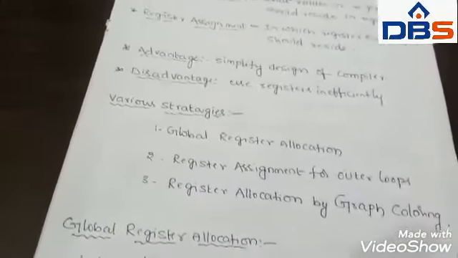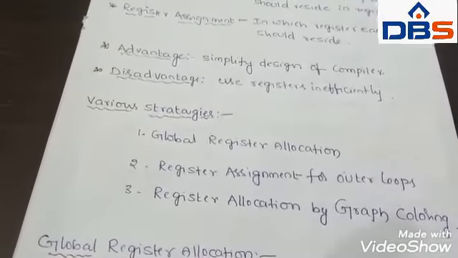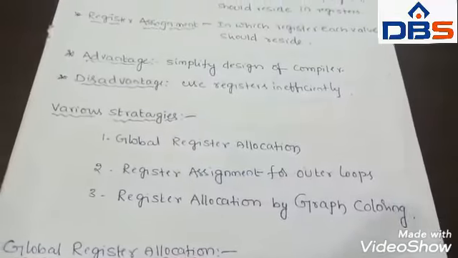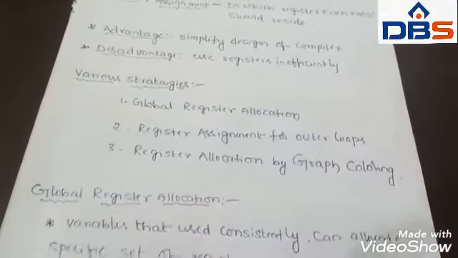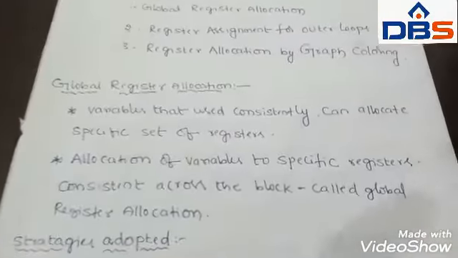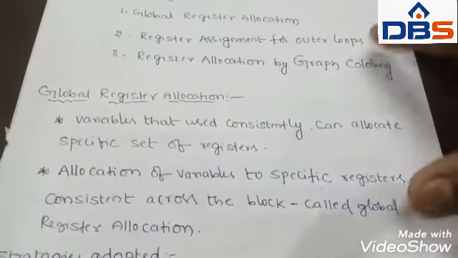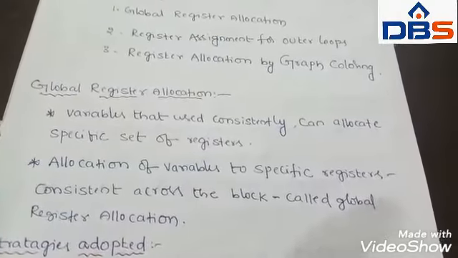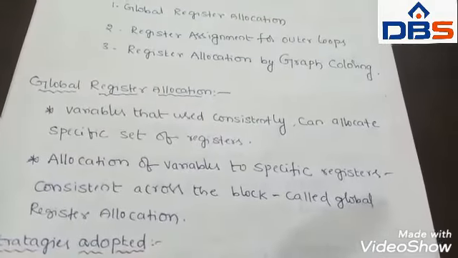Now we are going to discuss various strategies used in register assignment or global register allocation. Next one is register assignment for outer loops. Next one is register allocation by graph coloring. First, global register allocation. Here, while generating the code, the registers are used to hold values for the duration of a single block.